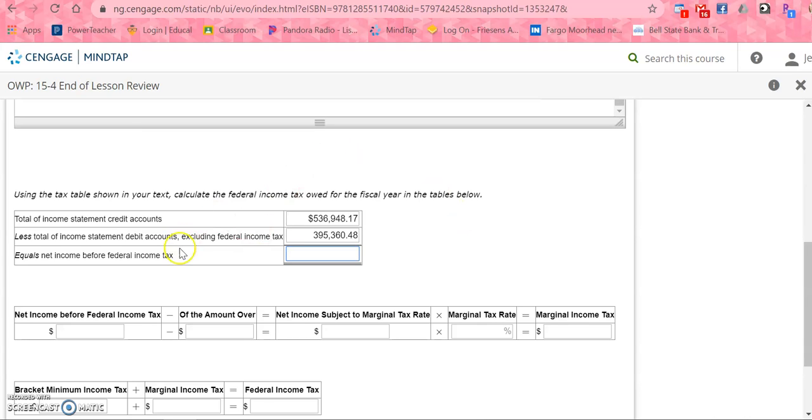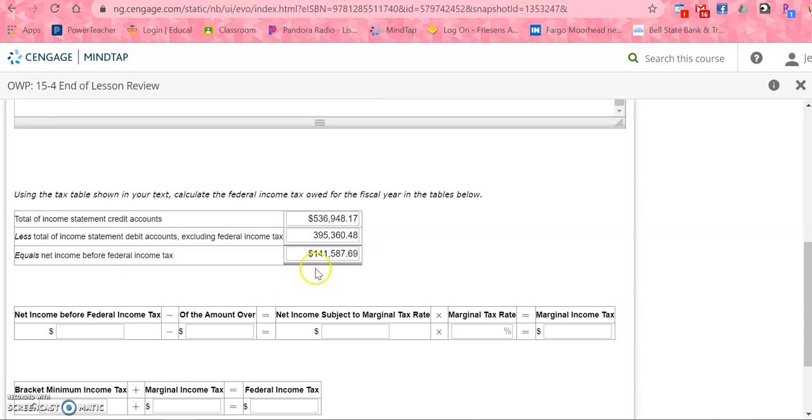Okay, so now I'm just going to follow what it says here. So I'm going to take that top number and subtract the second number. And I get then 141,587.69.